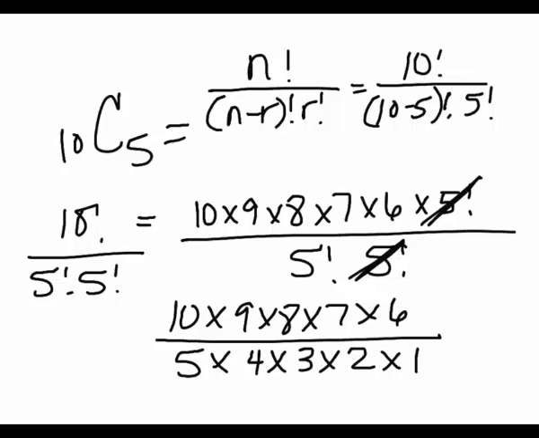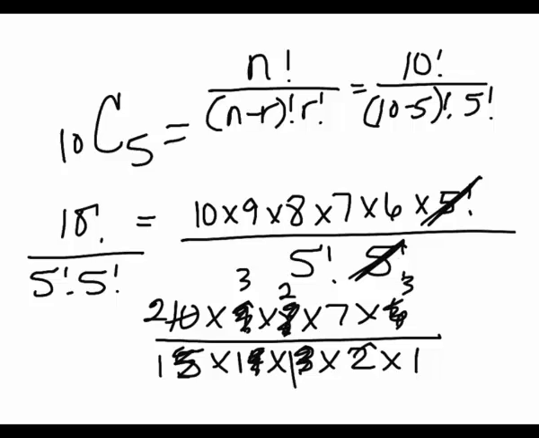And then what I used to start doing is, well, I know 5 goes into 10 2 times. That turns into a 1. 4 goes into 8 2 times. That turns into a 1. Does that make sense what I'm doing? I'm kind of reducing these numbers like they were fractions. 3 goes into 9 3 times. That turns into a 1. 2 goes into 6.